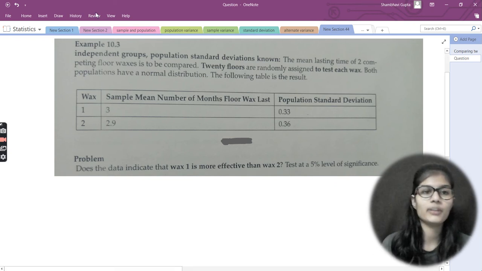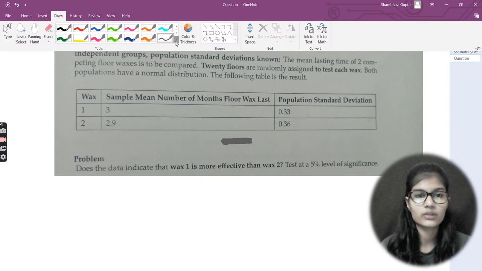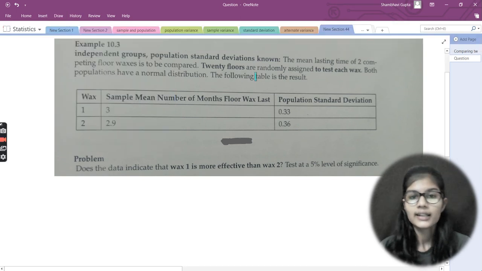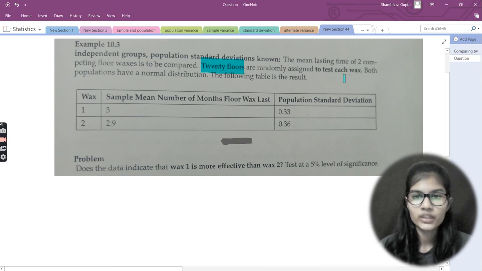Let me take a highlighter and highlight the things that I am given. I'm given the mean lasting time of two competing floor waxes to be compared. 20 floors are randomly assigned to test each wax. Both populations have a normal distribution. The following table is the result.